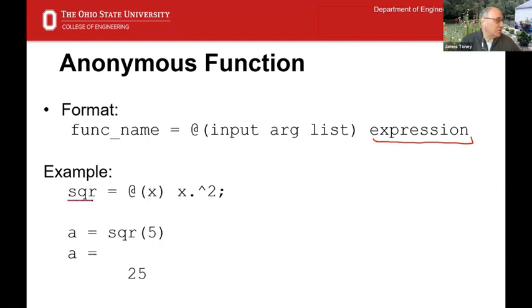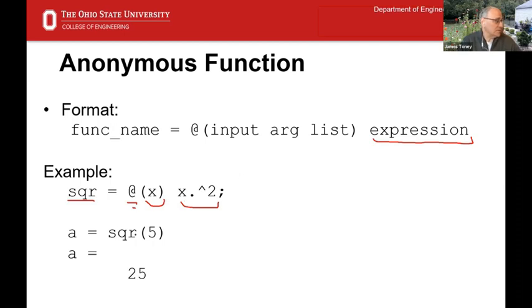All right, so we have a function called SQR, that's the name of the function, equals, this @ just says this is an anonymous function. And then you list the arguments. And in this case, there's only one. This function only has one argument, it's called x. And then whatever you want this function to do, it's going to calculate x squared.